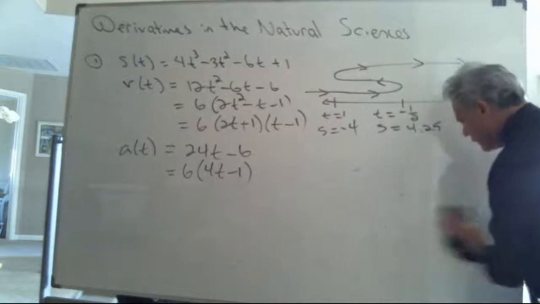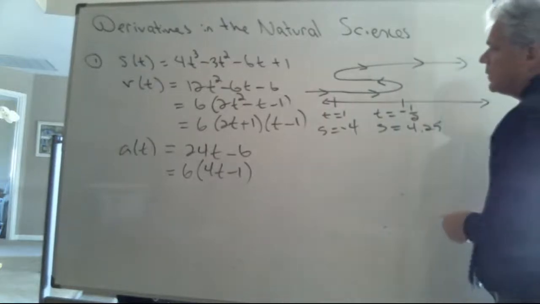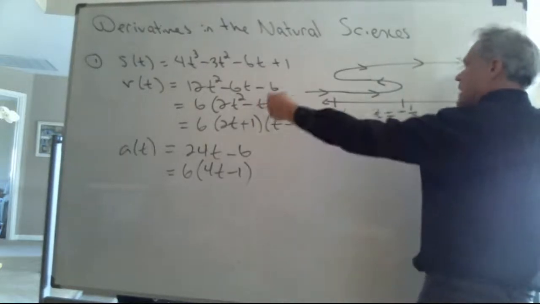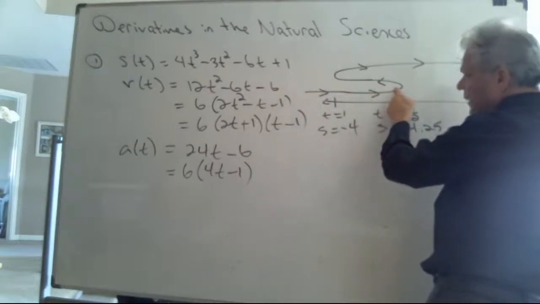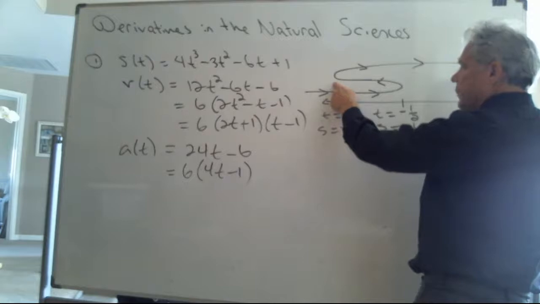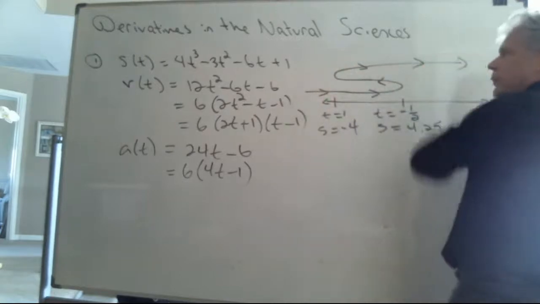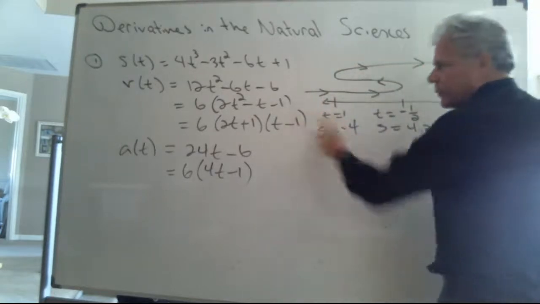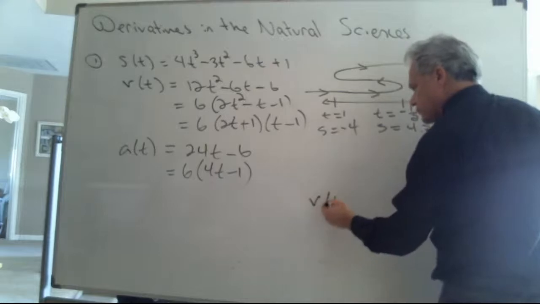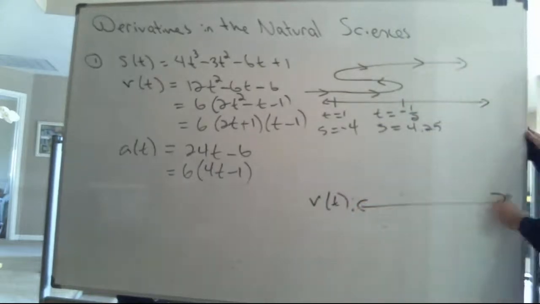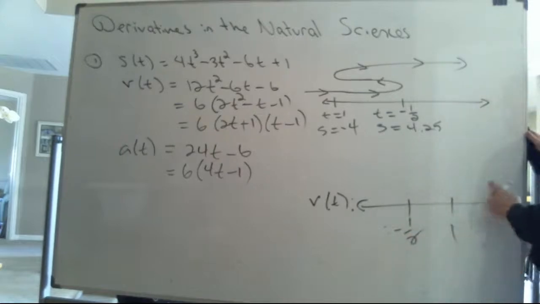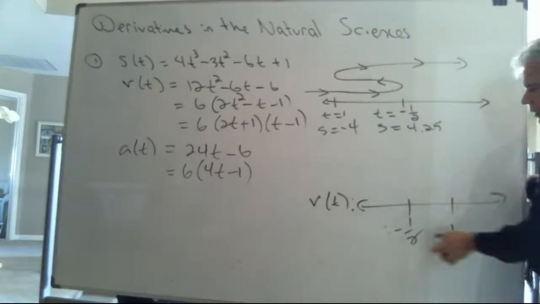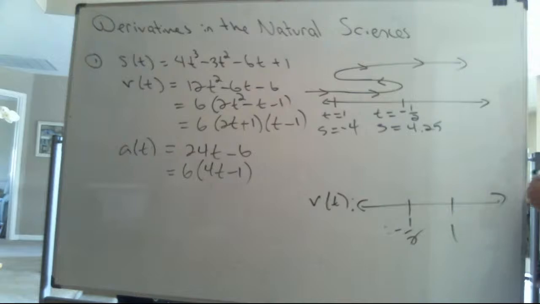Here's what I have so far. As t increases all the way to -1/2, I'm moving in the rightward direction. As t ranges from -1/2 to 1, I'm moving in the leftward direction. But beyond t being equal to 1, I'm moving in the rightward direction again. You can get that just by building a sign graph for your velocity function. Again, a 9th grade algebra sign graph. Plot the two zeros. Check these 3 subintervals, because these two numbers subdivide the real number line into 3 subintervals.